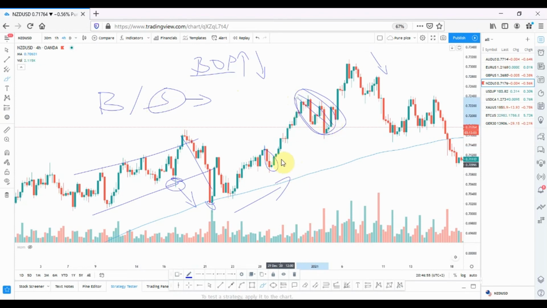A corrective shouldn't contain so much detail. It should be just a few moves and then the impulsive proceeds. But here we have more taking place, and this corrective is bigger than the small corrective, which means these sellers were gaining more power. Power in the sellers was increasing, going up.